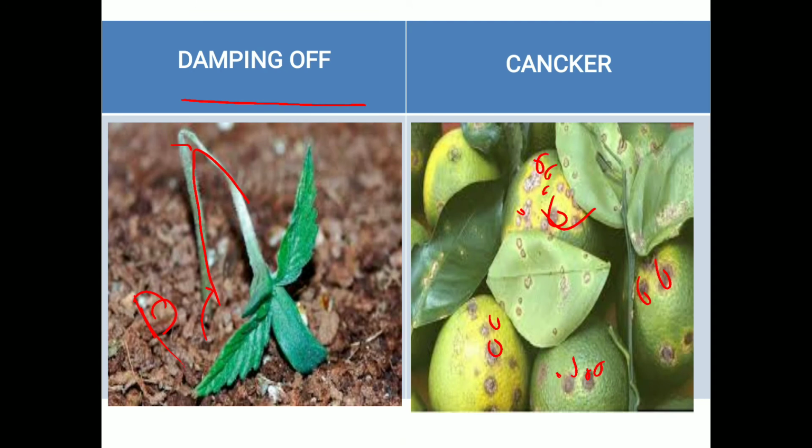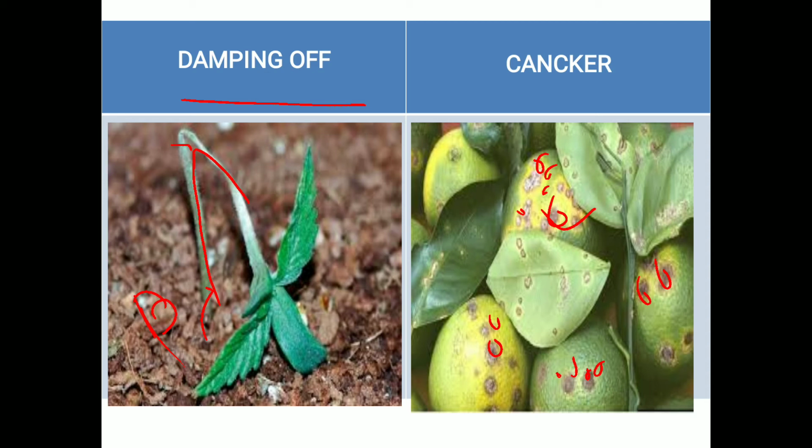Next one, damping off. Damping off means what? Sudden collapse of seedlings near the ground level. म्हणजे जे सीडलिंग असते ते सीडलिंग ग्राउंडच्या लेवलला लगेच पडते. Damping off symptoms are mostly observed in nursery crops, for example tomato, chili, brinjal.